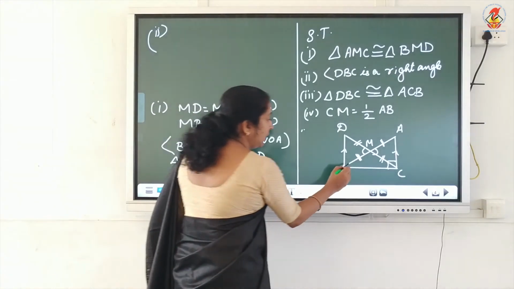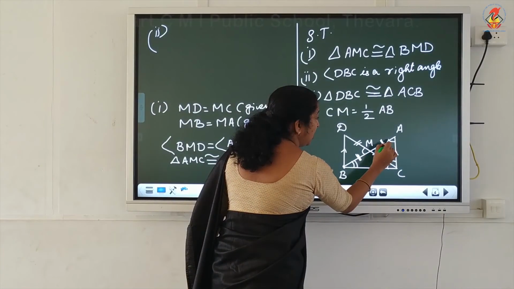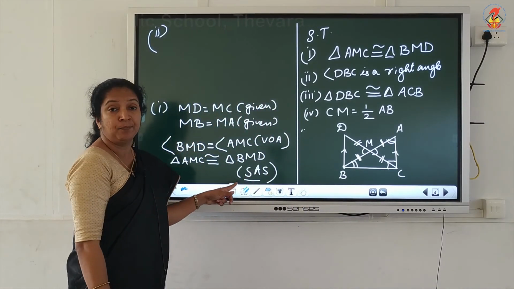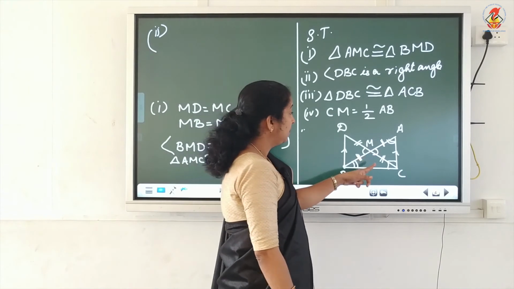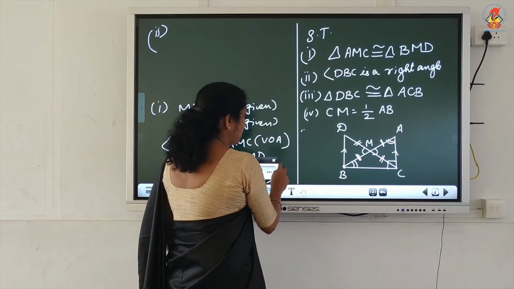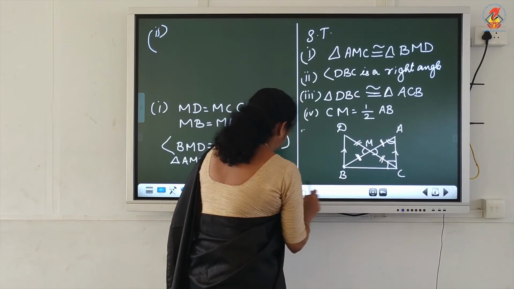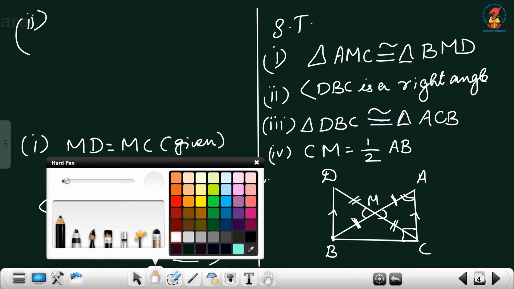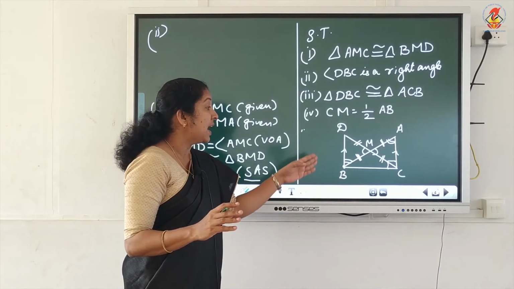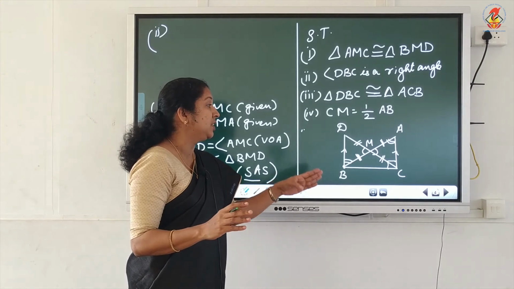We can say these two angles are equal using CPCT in 1, but the marking is different. These two angles are equal using CPCT, but this acts as alternate interior angles.